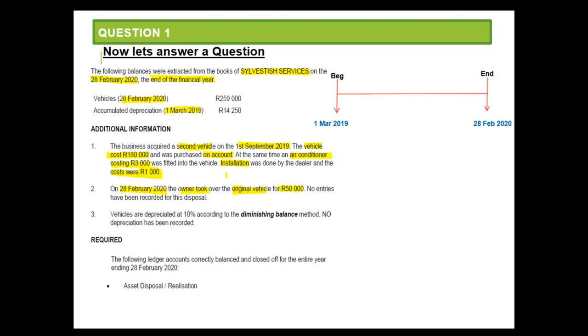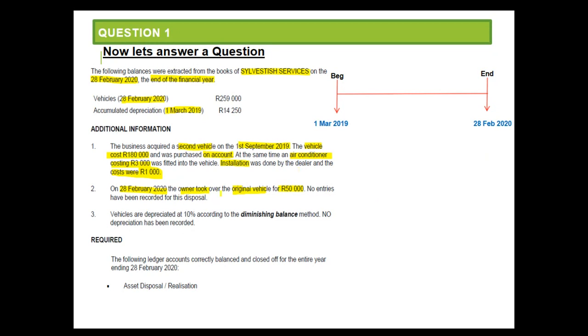So this is like the business has disposed. Remember, when the business is disposing, there are various ways of disposing. The owner can either take the asset as his own, like in this case. We can sell the asset for cash. We can sell the asset on credit. We can trade in. We can donate. You need to be careful.